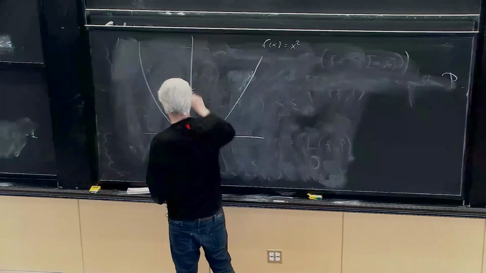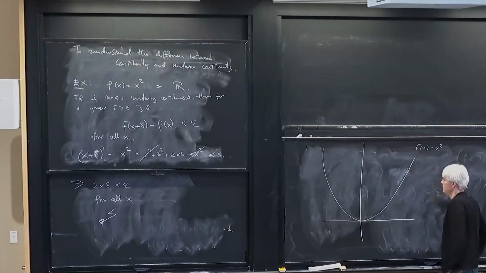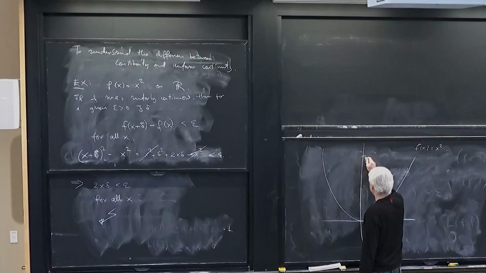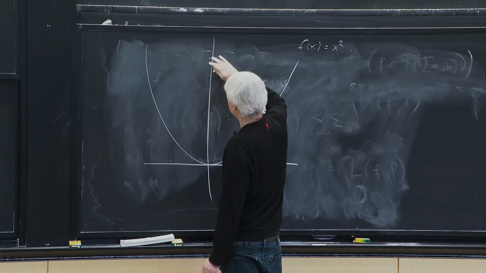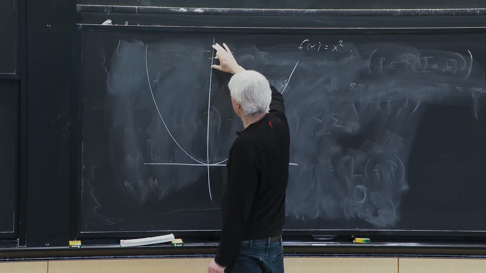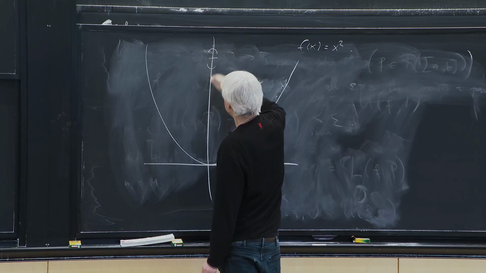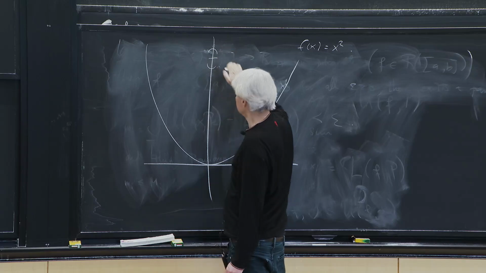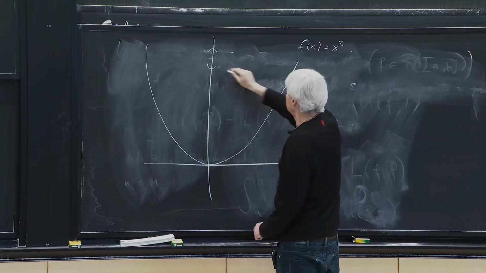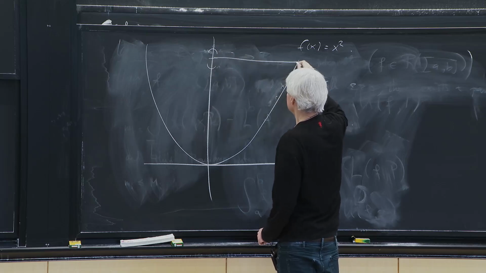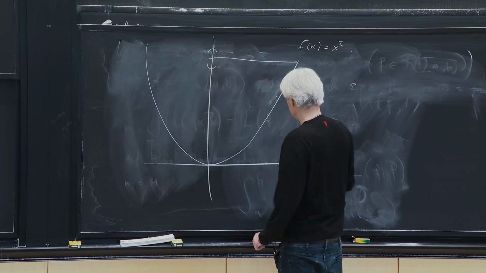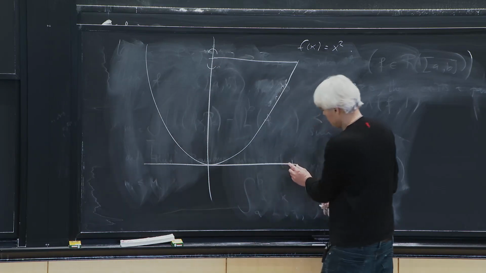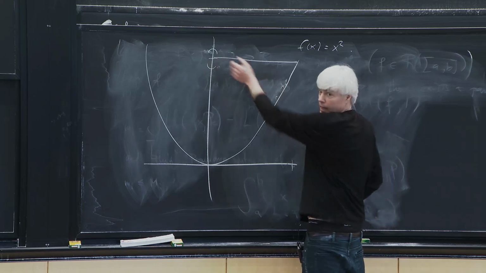Uniform continuity means that for any given epsilon, you're looking at an epsilon interval on the y-axis, and some point here is taken to this here, and now you want to look at some small interval so that you end up in that interval, right?